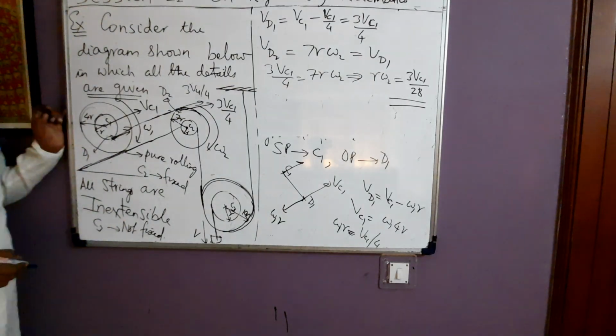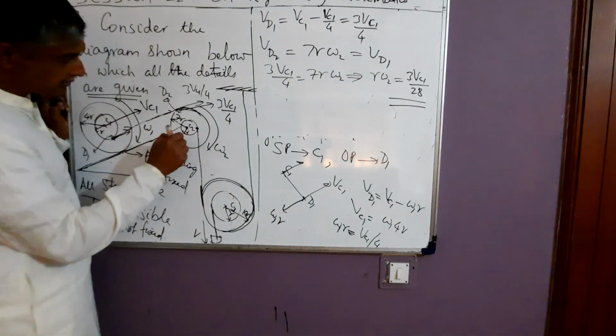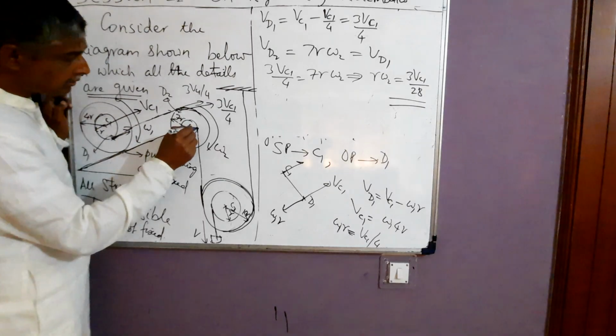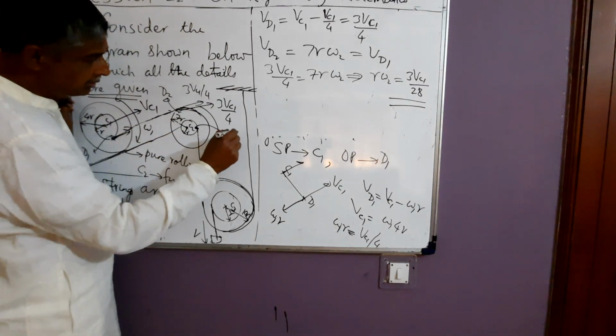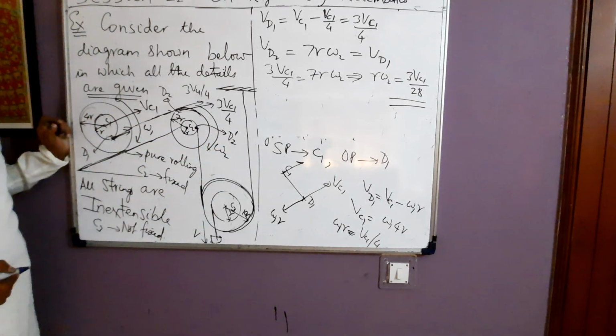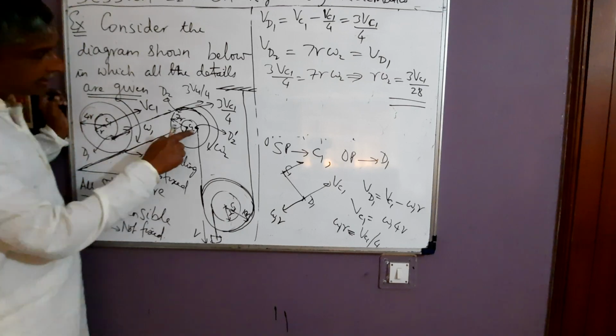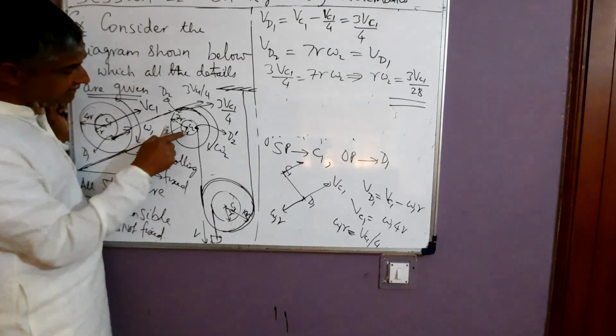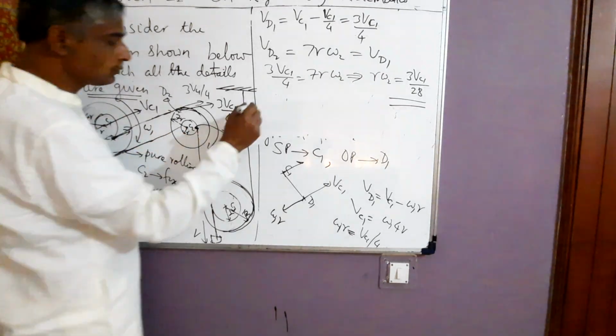Now we consider no slip here at this point. Let us call this point D2 dash. Now this C2 is fixed. D2 dash moves in a circle with C2 as center and radius r and angular speed omega 2.